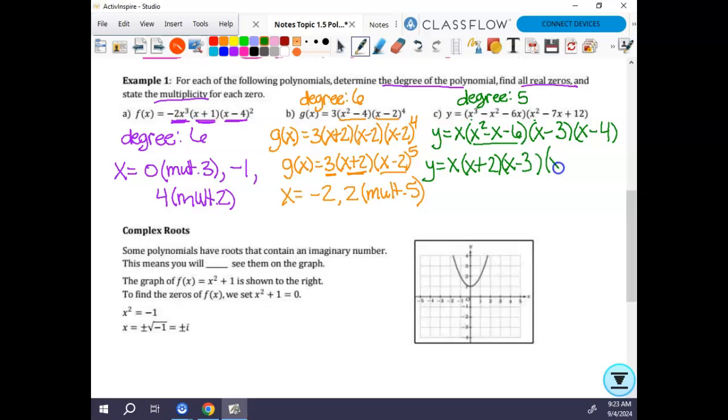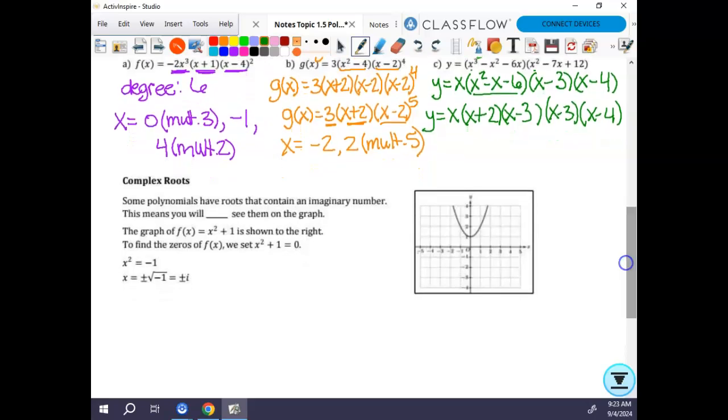Okay, and then I still have x minus 3 and x minus 4. Now, can I clean this up a little bit? Yes, I can. Y equals x times x plus 2 times x minus 3 to what power? 2 times x minus 4.